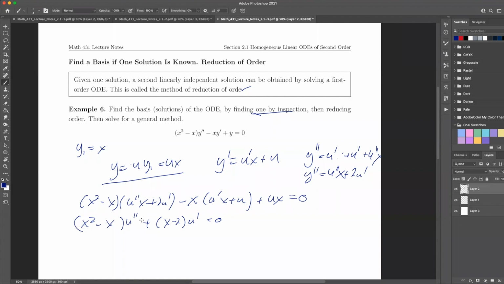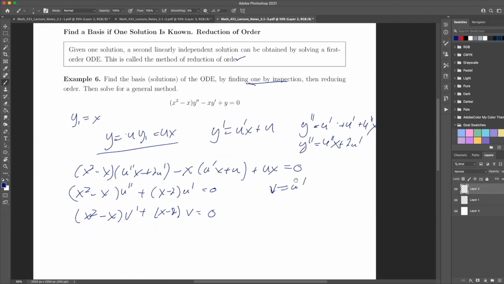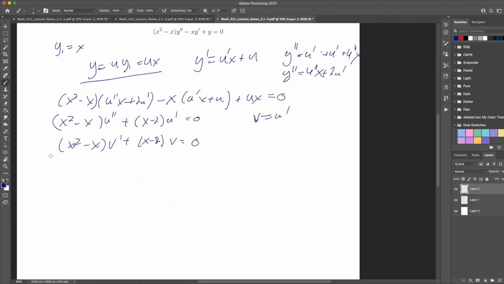And so we get a reduction of order, because then we can just say v is equal to u prime. We rewrite this as x squared minus x, v prime plus x minus 2, v equal to 0. And this is linear, because you can divide this out. You can solve for it, so let's do that.